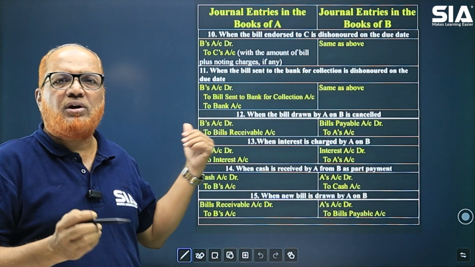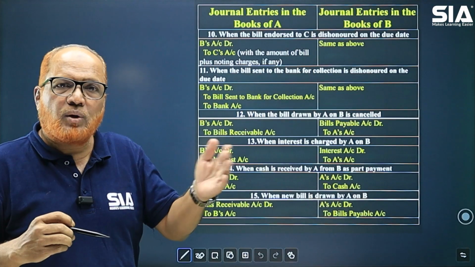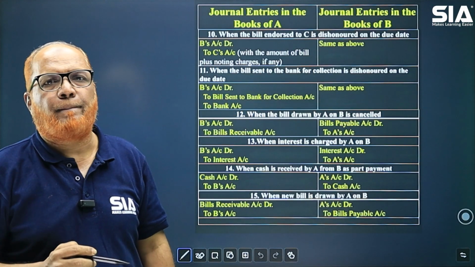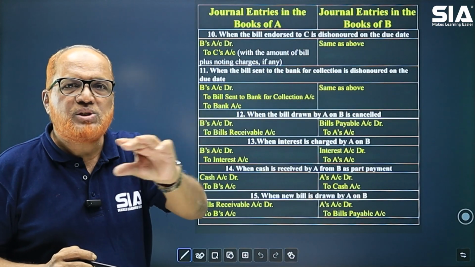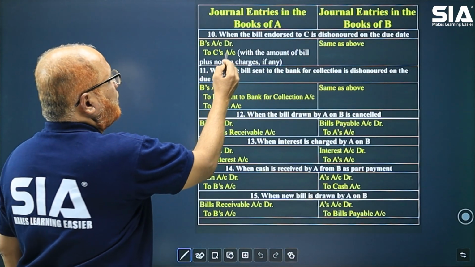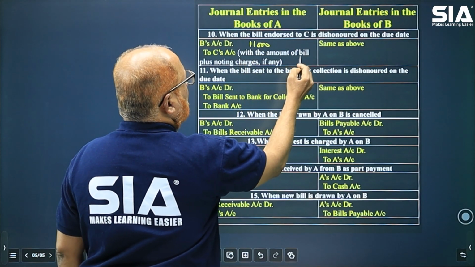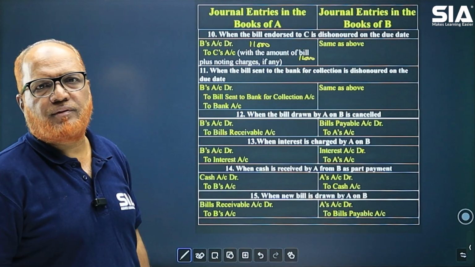Now in the books of A, what is the entry? He has to get 11,000 from B and he has to pay 11,000 to C. So the entry will be B's account debtor to C's account. Here you can see B's account debtor 11,000 to C's account 11,000, including noting charges.